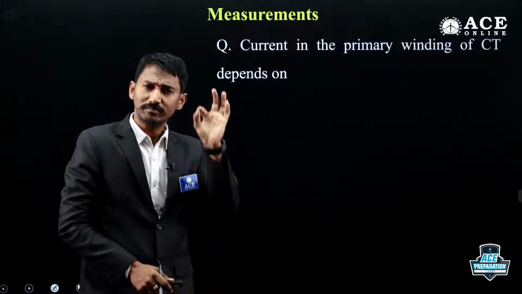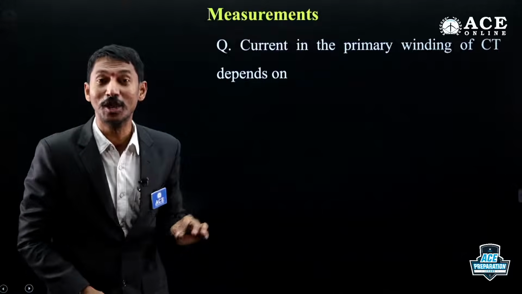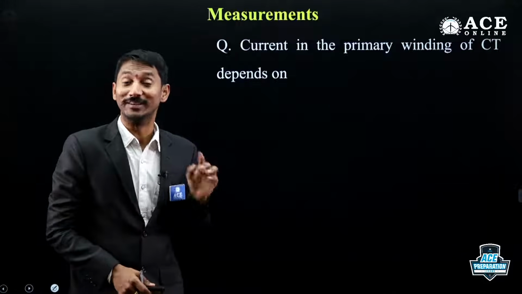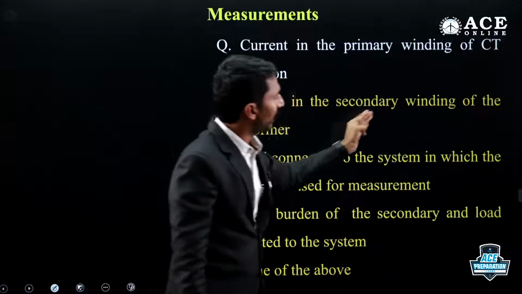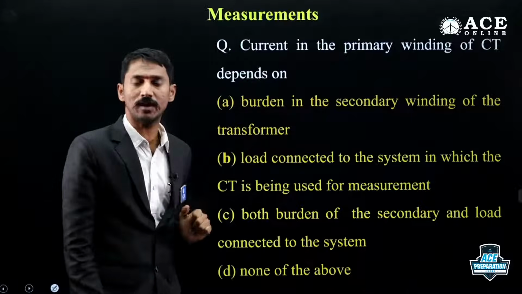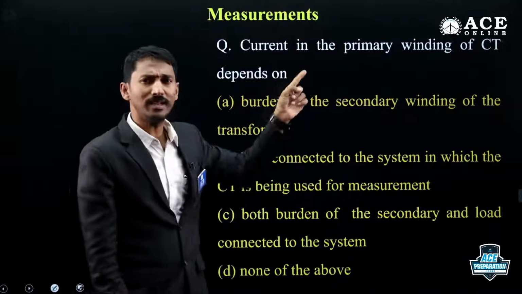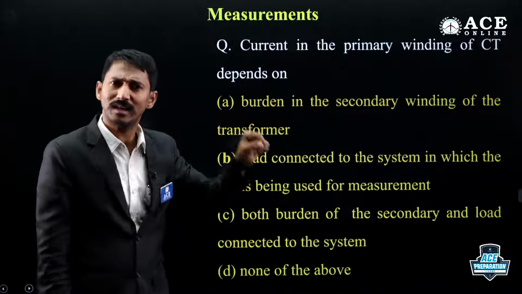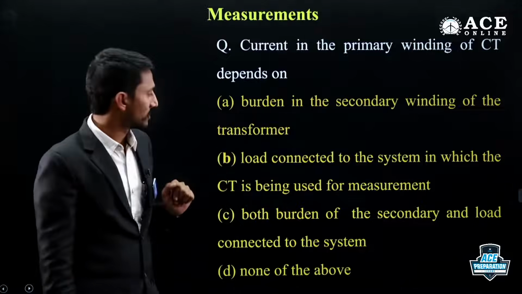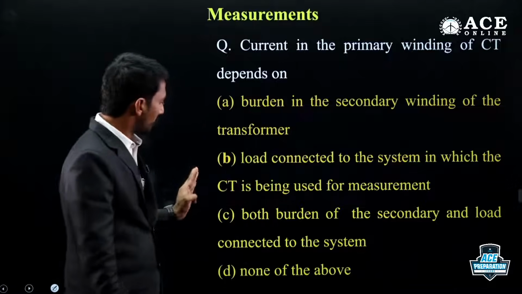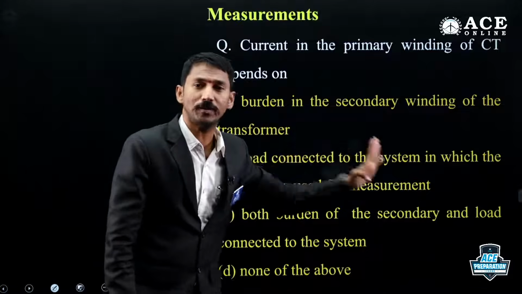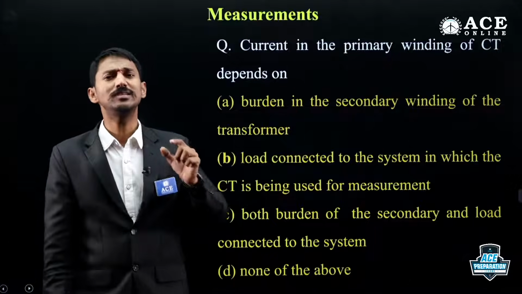For this question, there are a lot of chances to give the wrong answer. That's why be careful with the options. Burden in the secondary winding of the transformer: does the primary current of CT depend on the burden? Definitely no. Second one, load connected to the system in which the CT is being used for measurement. Sir, where are you using the CT?